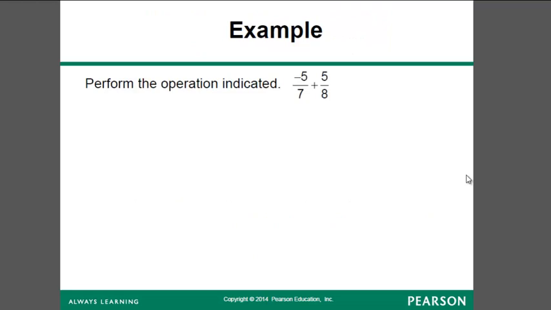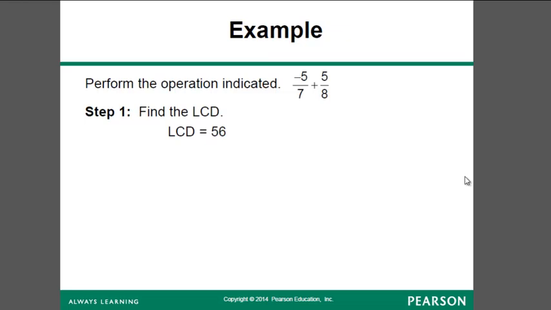So let's look at -5/7 plus 5/8. They do not have the same denominator. So our first step is to find a common denominator, common multiple, of 7 and 8. In this case, the LCD is going to be 56, which is 7 times 8.